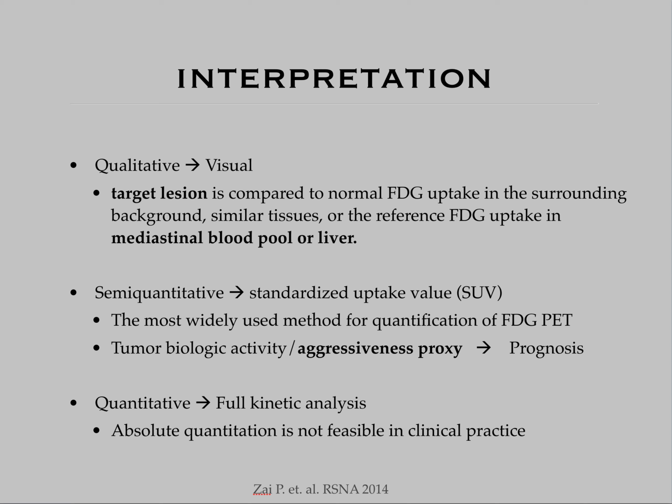It is also important to note that the higher the SUV, the more aggressive the tumor tends to be. And this has important prognostic predictive abilities. Truly fully quantitative imaging is not clinically possible these days. However, maybe this new United scanner will change that.